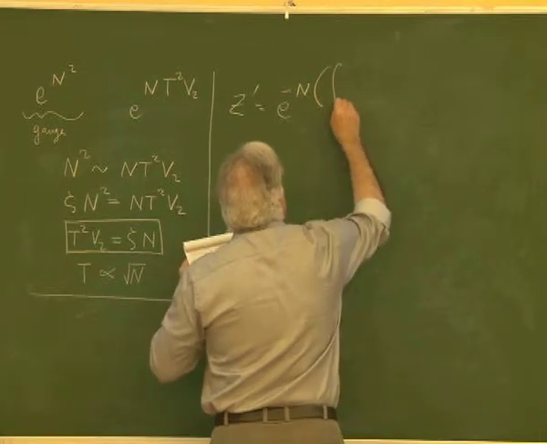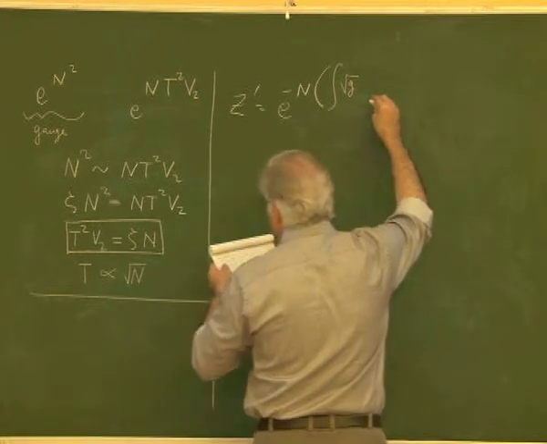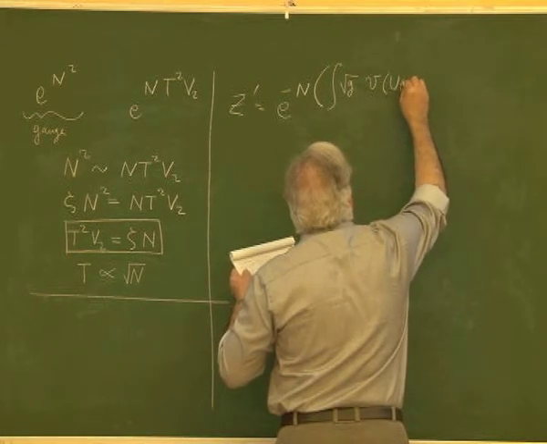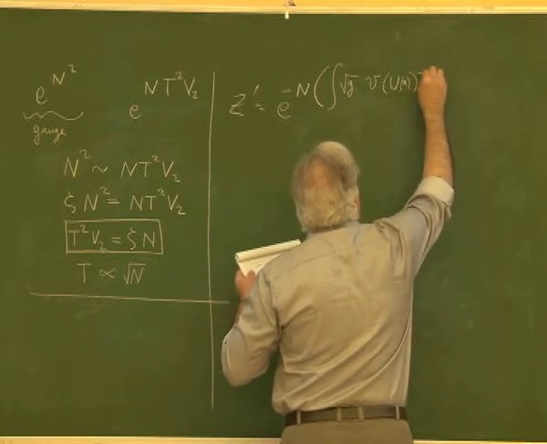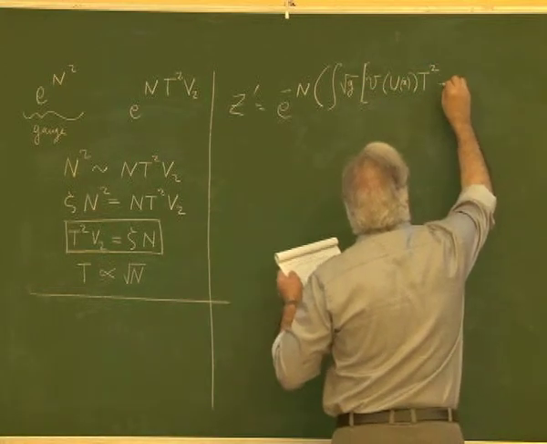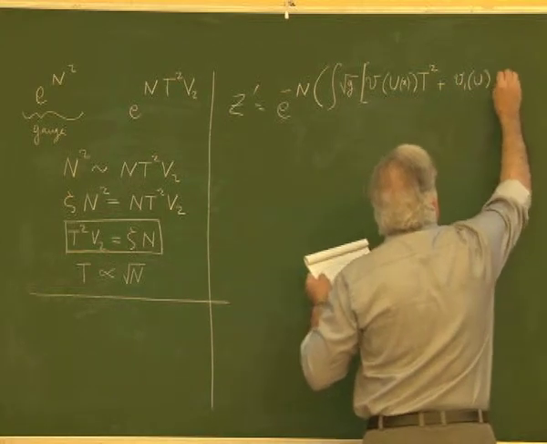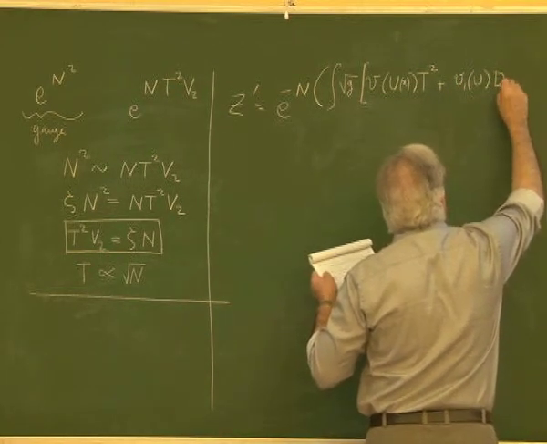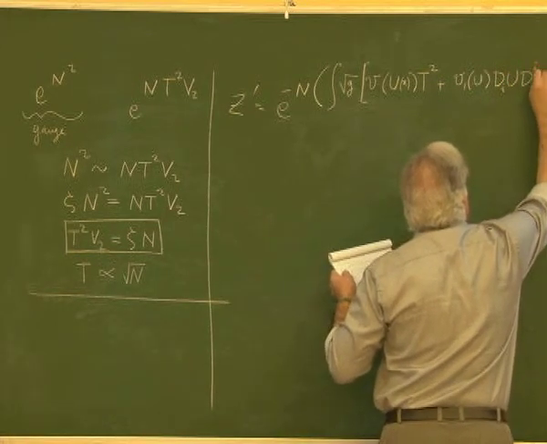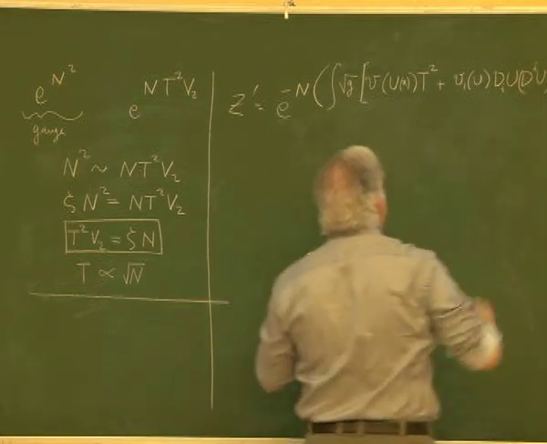I have an integral over square root of g, where g is the metric on the sphere, times some function of the holonomy times T squared. This is the first term by dimension analysis. Then I can have another term like V1 U, and now covariant derivative on the sphere of the holonomy matrix, covariant derivative conjugate, etc., etc.